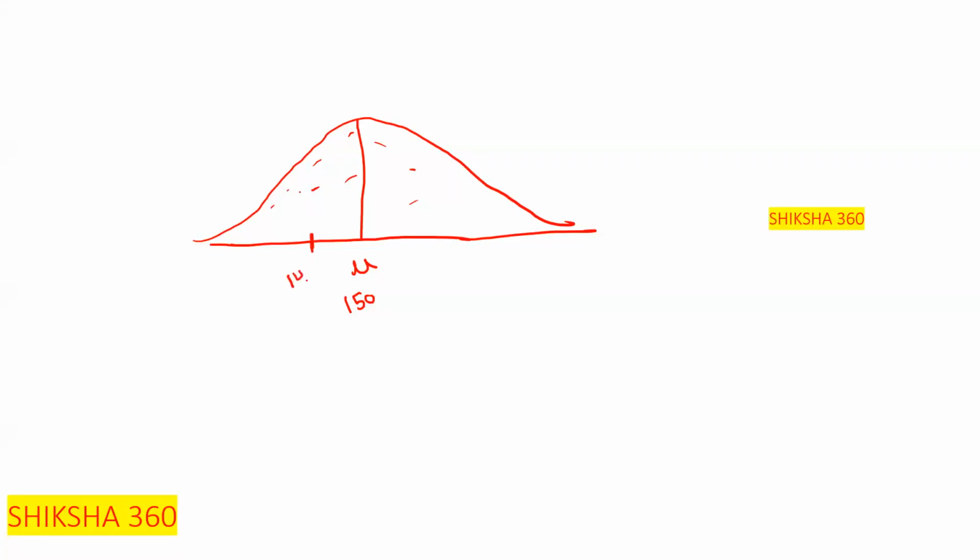The total area under the curve is 1. On the left hand side of mu it is 0.5, and on the right hand side of mu it is 0.5, which leads to the overall area of 1. Here they are asking for the probability that x bar is greater than 142, that is, overall this area.